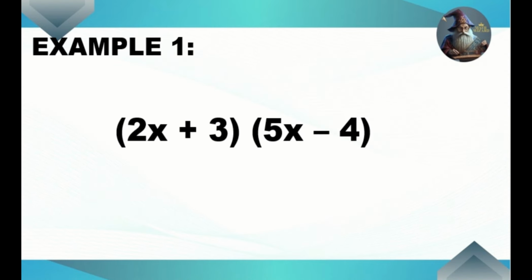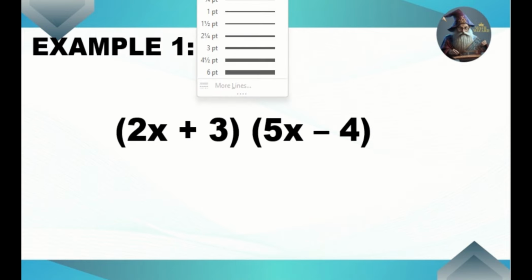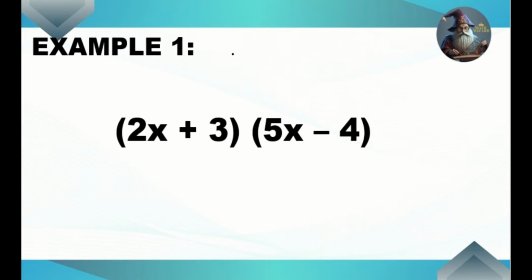So, let's use the idea of FOIL in computing this problem. For example number 1, we have 2x plus 3 multiplied by 5x minus 4. So using the FOIL method, we can understand this problem.